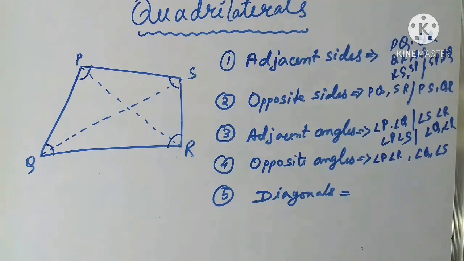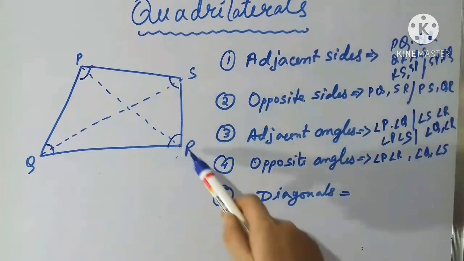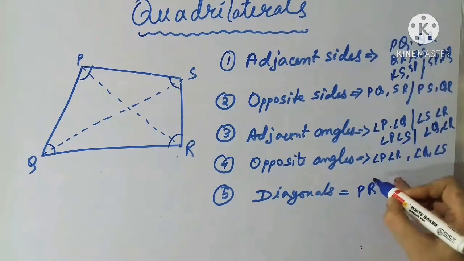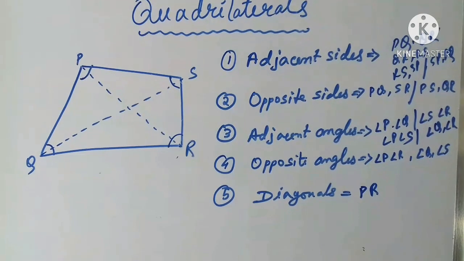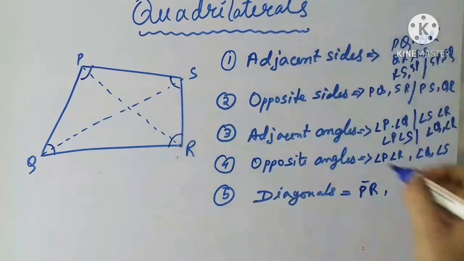After that, what are diagonals? Another important thing is the diagonal. The line segments joining the opposite vertices are called diagonals. Joining these opposite vertices with a straight line gives PR. So PR is a diagonal, and after that joining Q and S gives QS.